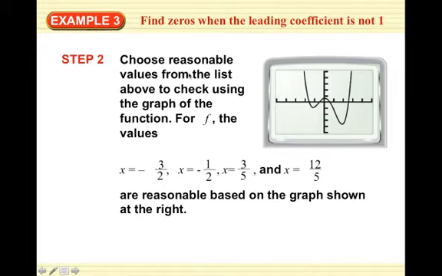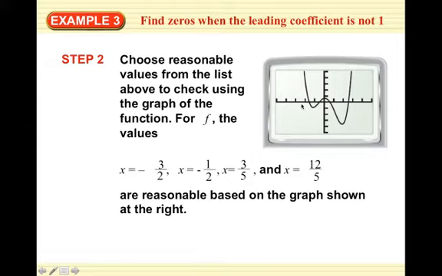So we're going to choose reasonable values from the list above to check using the graph of the function. And so for f, the following values are reasonable. Now, we're not saying that they are the exact roots or the exact zeros. They may not be, but we're just trying to get a decent starting place.